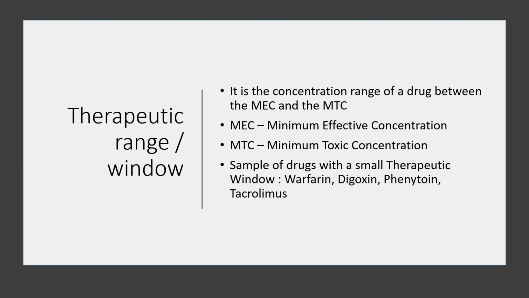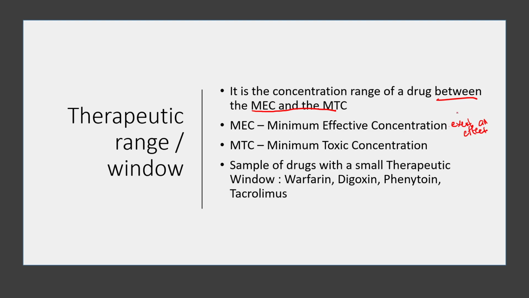So therapeutic range, or your therapeutic window, is the concentration range between the MEC and the MTC. Okay, so what is MEC and MTC? MEC is the minimum effective concentration. MTC is the minimum toxic concentration. When we say minimum effective concentration, it is the plasma level concentration needed to exert an effect.